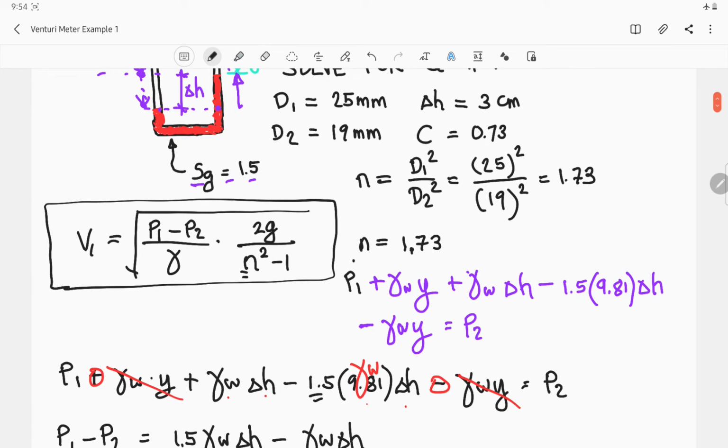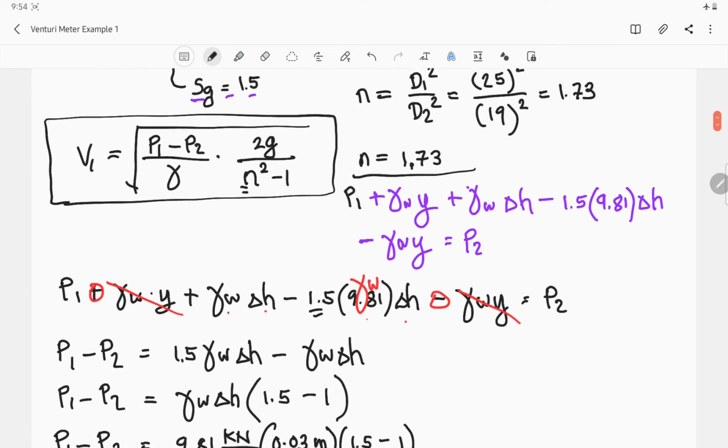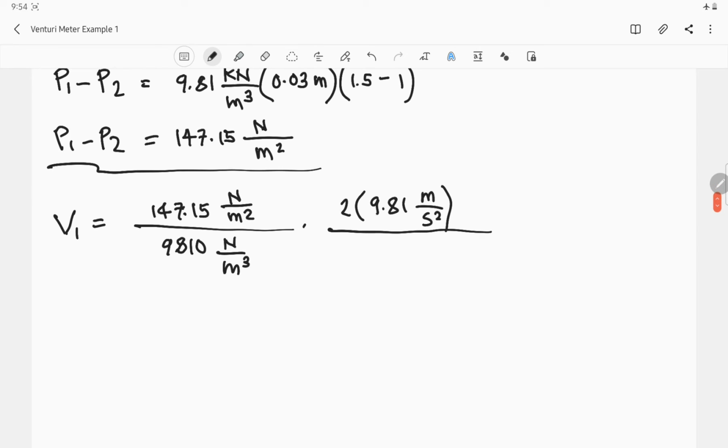N is 1.73 squared minus 1. Then we need to square root the entire thing.